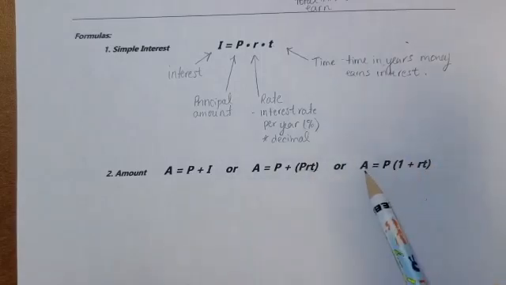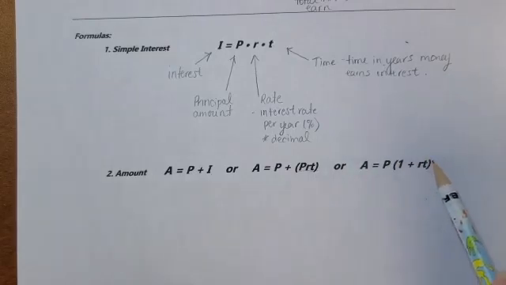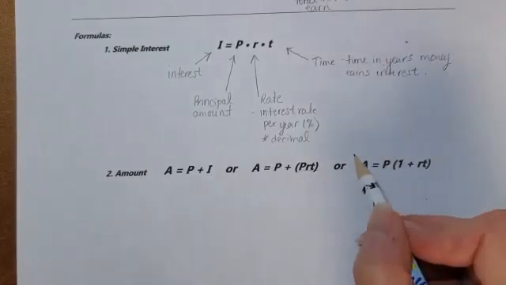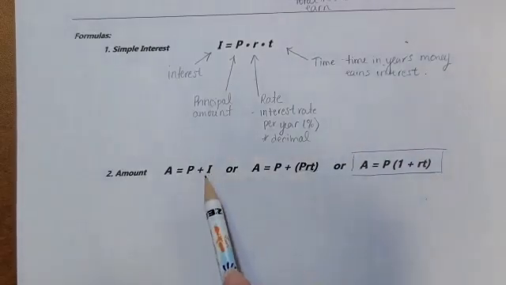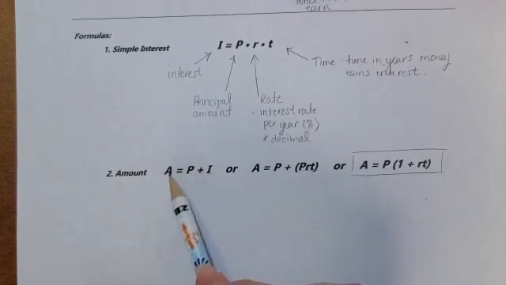Or to simplify, A equals P times (1 plus RT). I will be using this formula more in calculation, but this is understanding what we are adding. So our principal plus our total interest will get us our final amount.